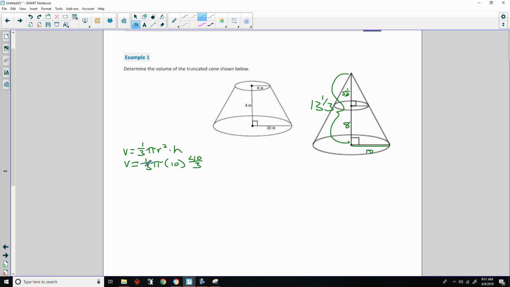So volume is 1/3 pi times 10, 40/3. So 1/3 times 40/3 is multiply top times top. We're going to get 40 times 10 times 1, which is 400 pi over 3 times 3.